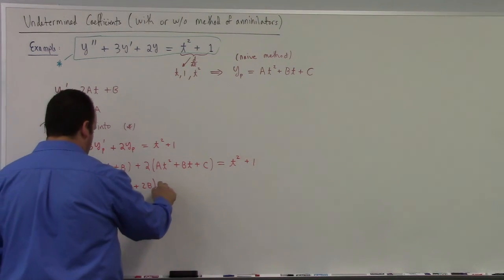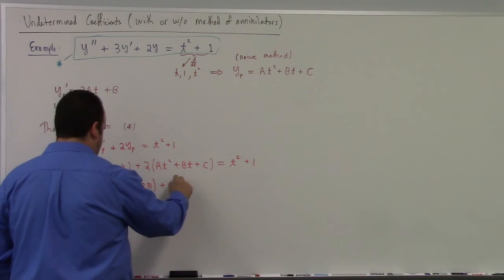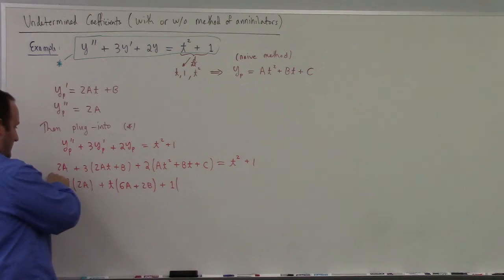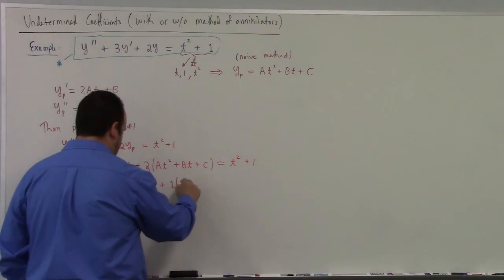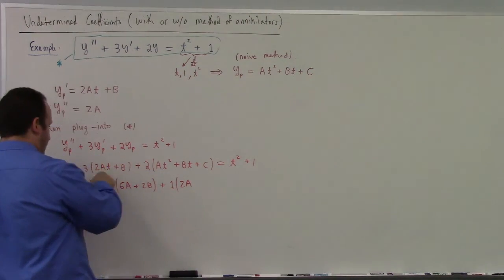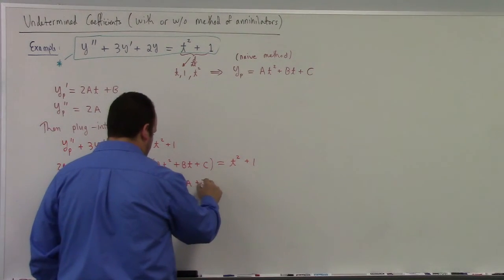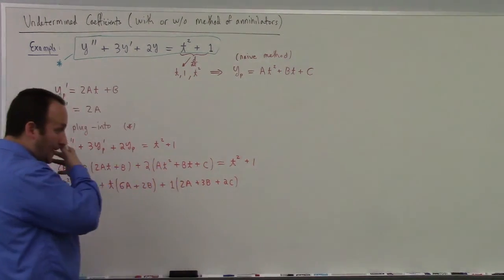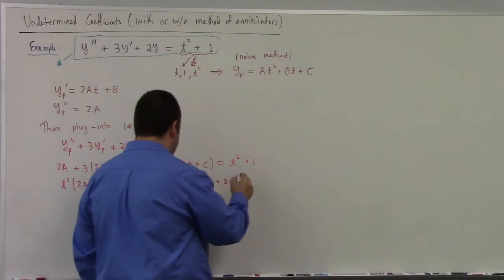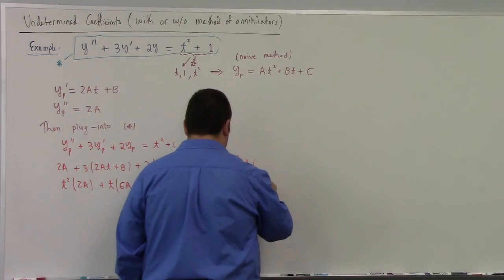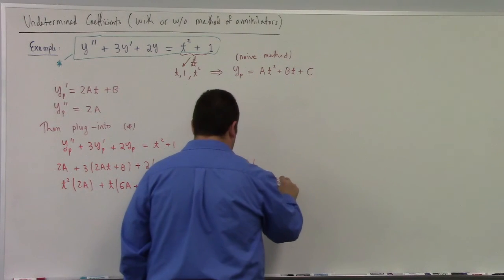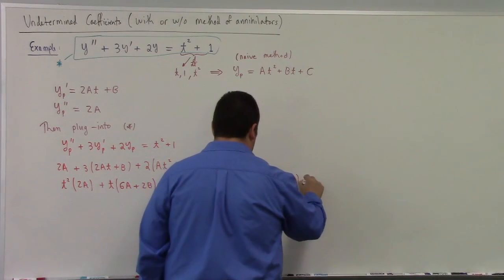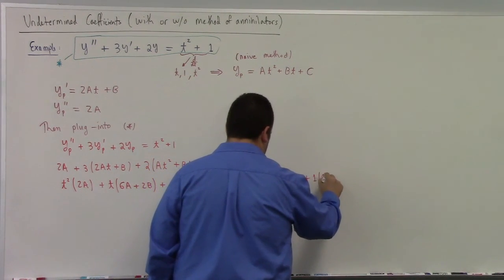No. Plus 1, which I'll just write for the sake of appearances: 1 times (2a + 3b + 2c), right? Now that's all equal to t squared times 1 plus t times 0 plus 1 times 1.